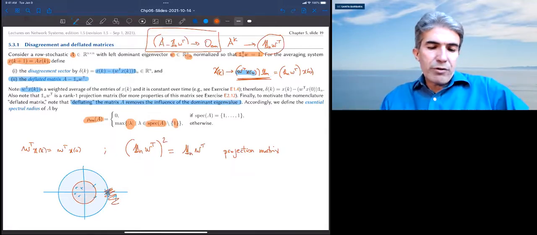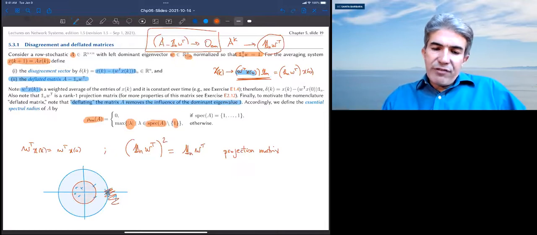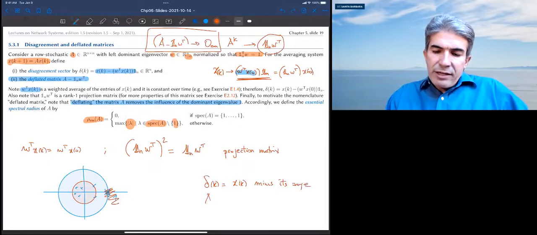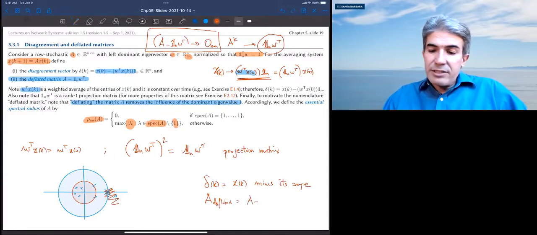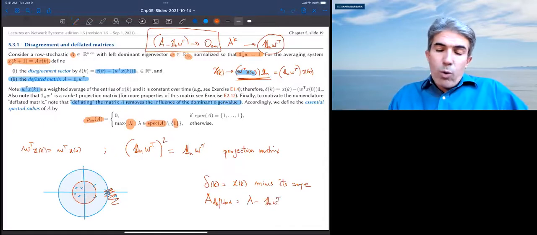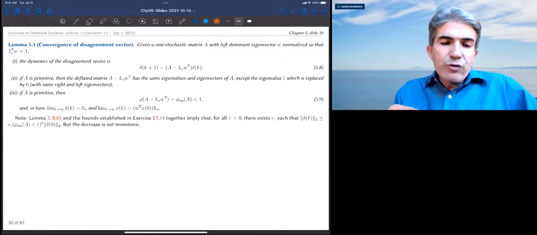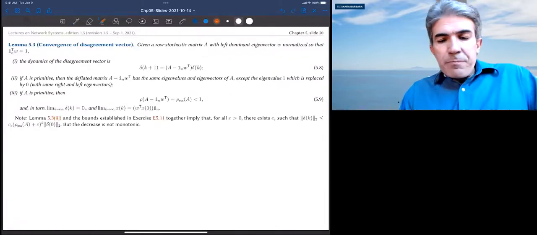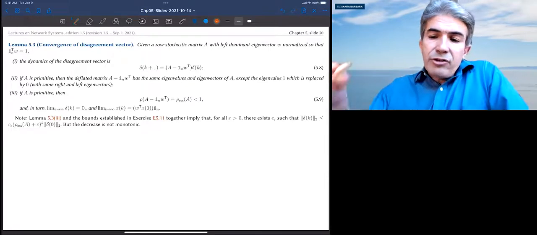Okay, perfect. Bottom line, I have defined delta k, a disagreement vector, which is xk minus its average, essentially. And then I define A deflated, maybe let me just write a symbol for it, to be A minus its rank 1 limit. Why is this useful? There's a couple of reasons. One is that you can rewrite the system xk plus 1 equals A xk in this new variable.